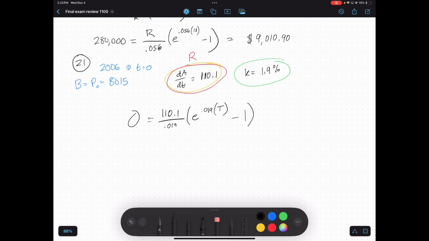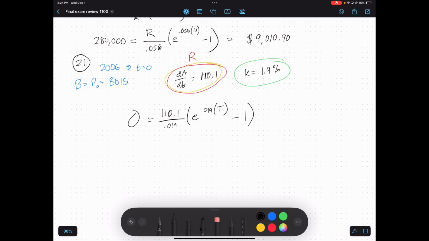The problem is that the way the future value equation is set up, it's going to assume growth. So this number's only going to get bigger. If I try to solve for this, it's going to be impossible, because if my function's growing, there's no way I can end up at 0 when I'm done.